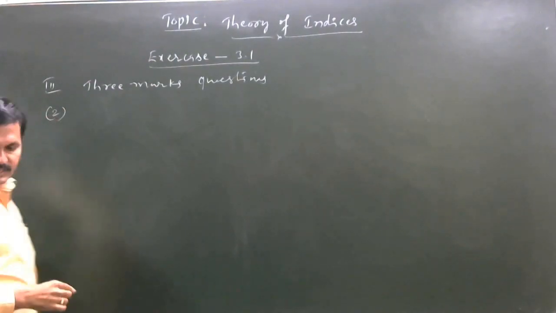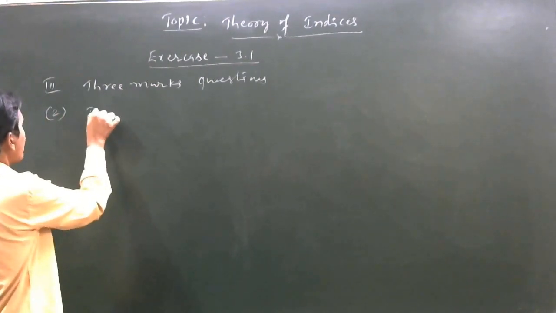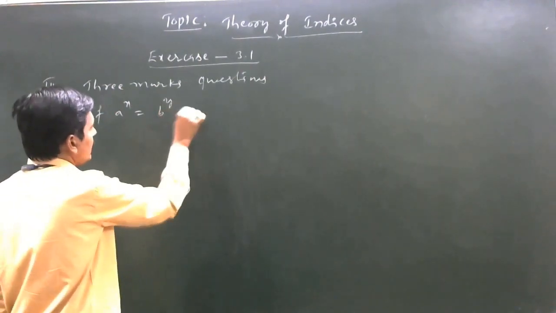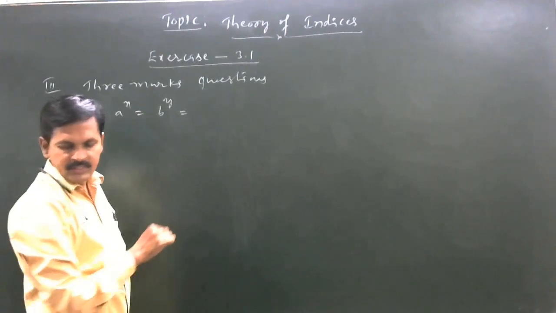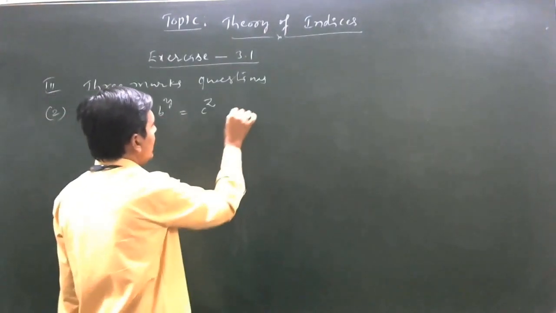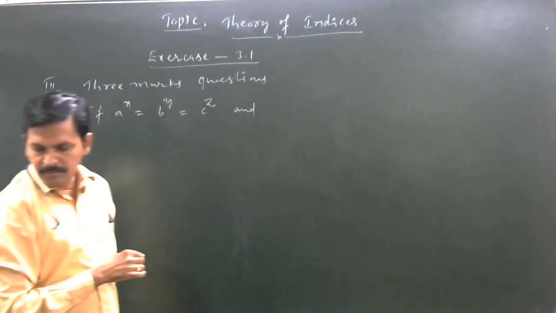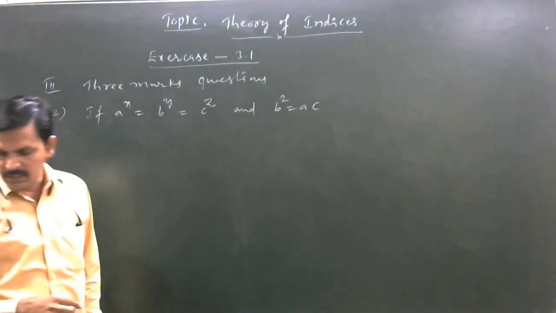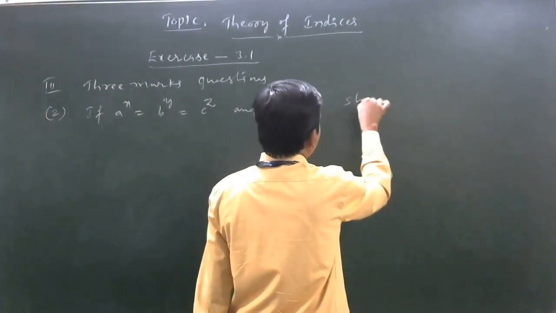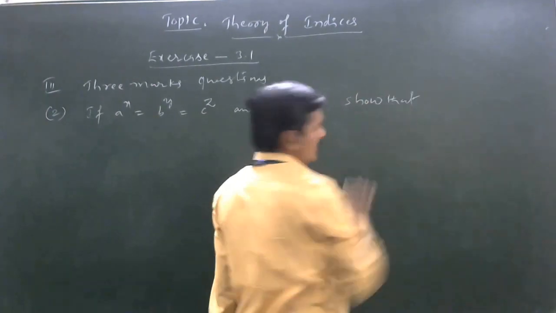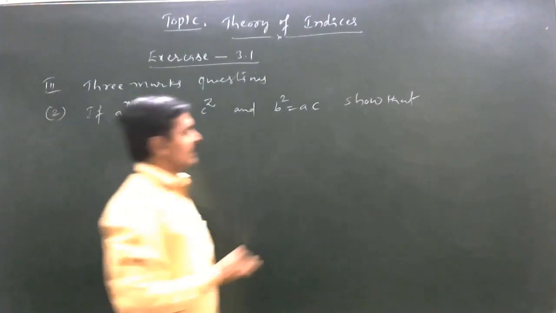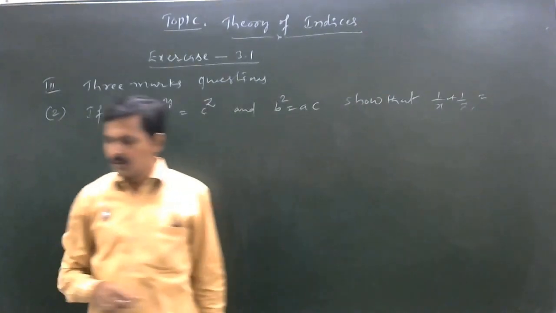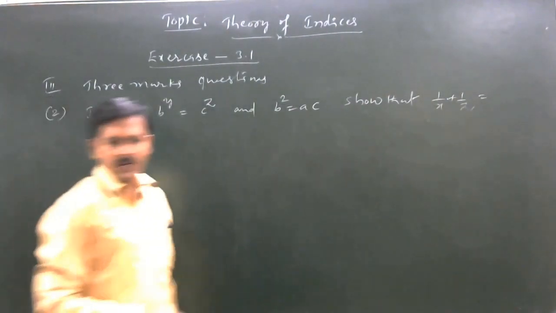In the third main second one: if a power x is equal to b power y, which is equal to c power z, and b square equals ac, show that 1 by x plus 1 by z is equal to 2 divided by y.